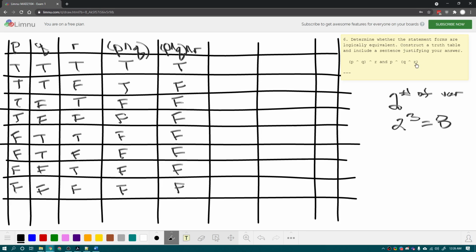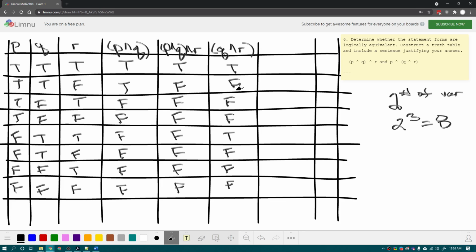All right, now I'm going to work on the second expression. I'm going to start with the grouped quantity, this parentheses. Again, order of operations, you always start with the parentheses, right? So Q and R. So it's these two columns, the second one and third one. Again, the only way it's true is if they're both true. So true, false, false, false, true, false, false, false.